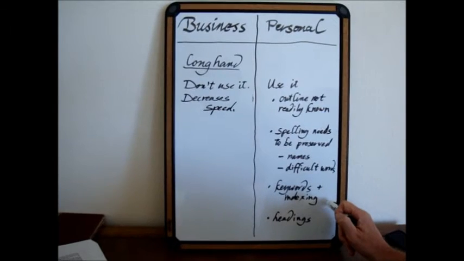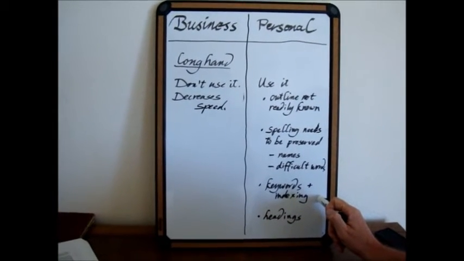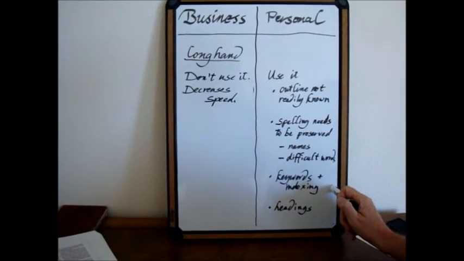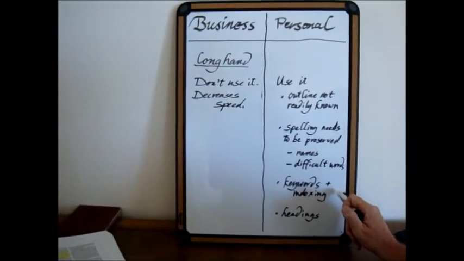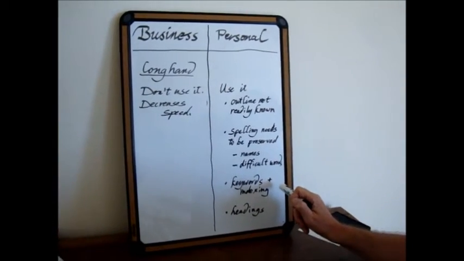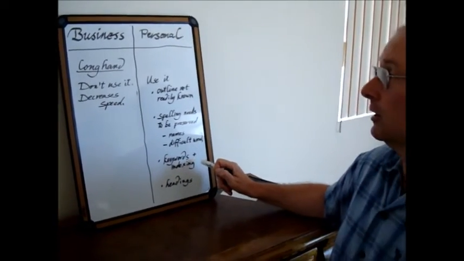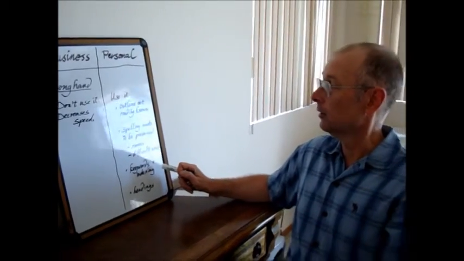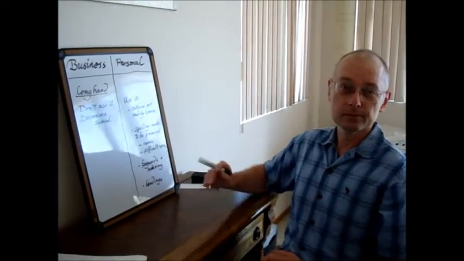Okay, so those are the primary uses of longhand. So in the personal note-taking, you'll find it quite useful to go ahead and continue your use of longhand that you already know and just integrate it in with the shorthand to achieve your objectives.